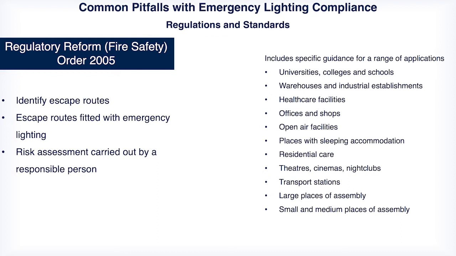So identifying escape routes is a key part of that risk assessment, and it includes the specific guidance within the RFO for different applications, whether they be hospitals, schools, residential care homes, transport stations, etc. Lots of different areas are considered within that particular standard.